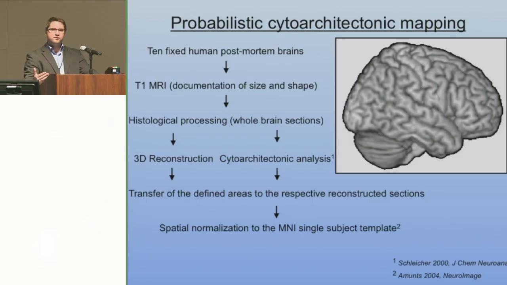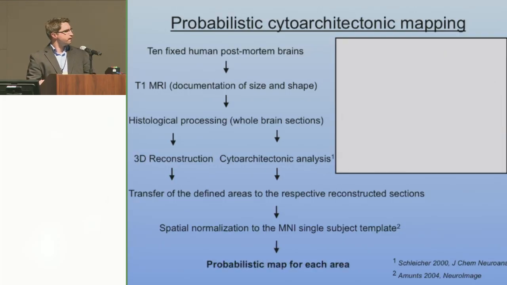And the crucial thing here now is that this procedure allows us to bring post-mortem data, information that you can only get once you've cut up and stained a slice of the brain, with a reference space that is the same that is used in in-vivo imaging for fMRI, PET, structural MRI, and so on.